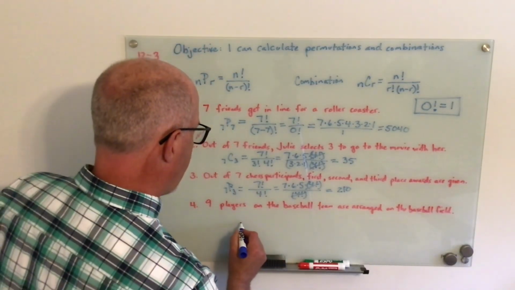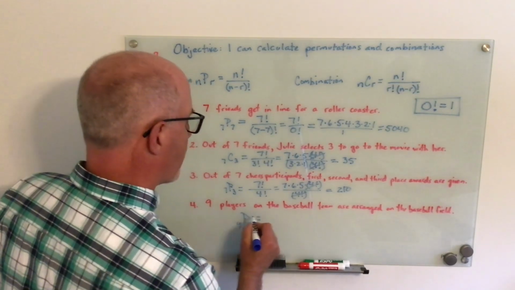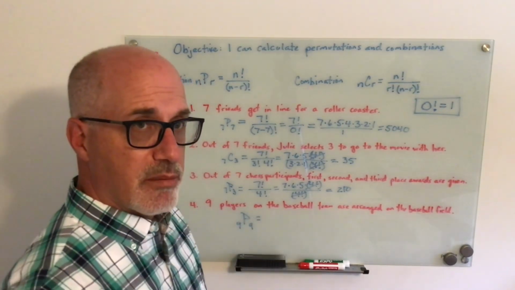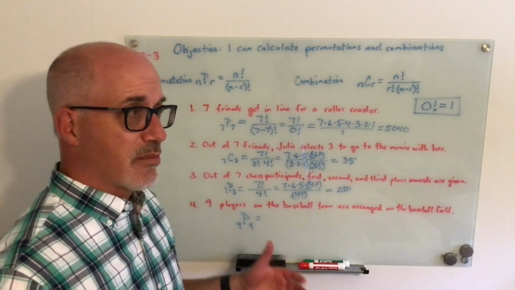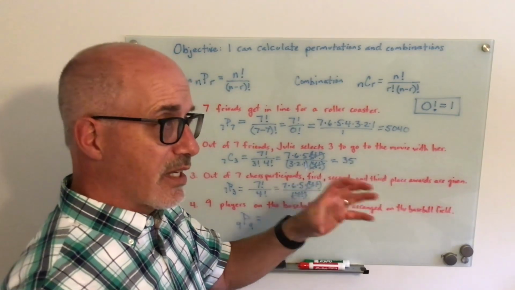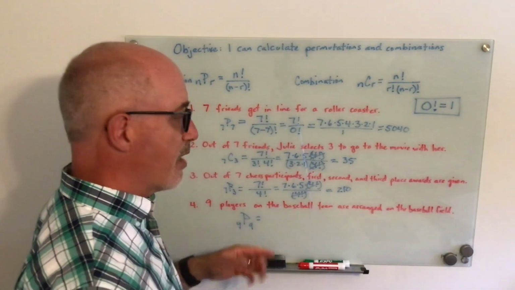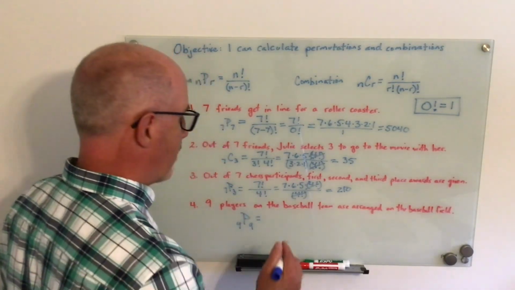We're going to put 9P9, because you're going to put all 9 of those players on the field. Now, if I had said there were 13 players on the baseball team, and we're going to pick 9 of those to put out on the field, that would have been 13 choose 9, but here just all 9 are being put out there.